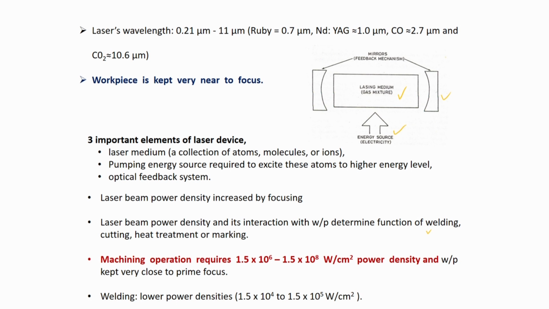High energy density is required for machining operation. Maybe 1.5 × 10^6 to 1.5 × 10^8 watt per centimeter square. So this much energy is required for machining operation, and the workpiece is also kept very close to the focal point.